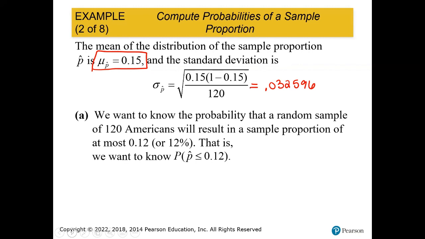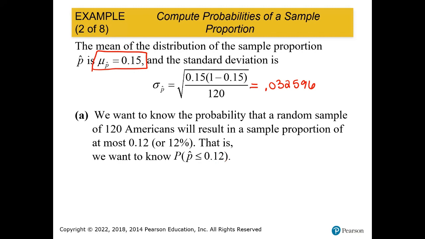All right, so we want to know the probability that in that random sample of 120, we get a result at most 12%, also known as less than or equal to 12%. So we want to find the probability that our sample proportion, p hat, is less than 0.12.